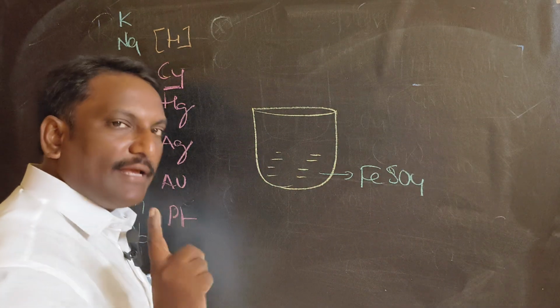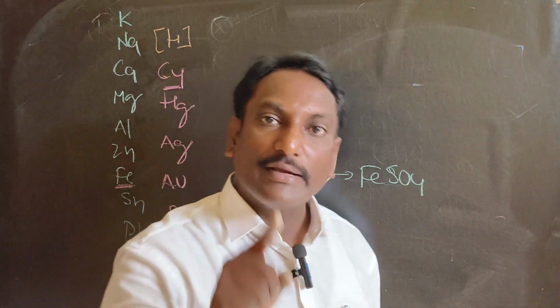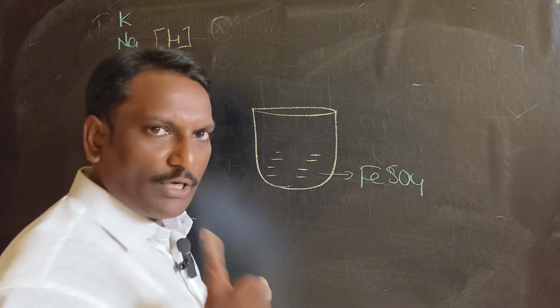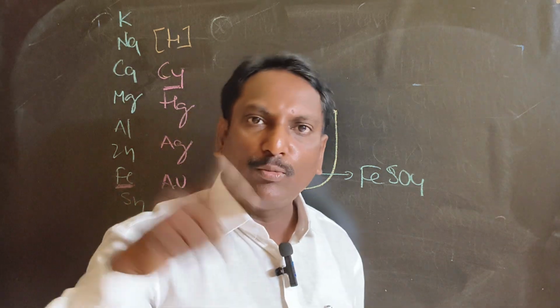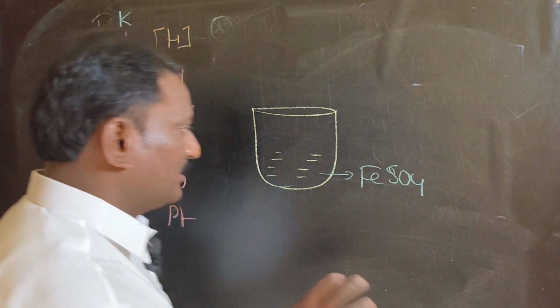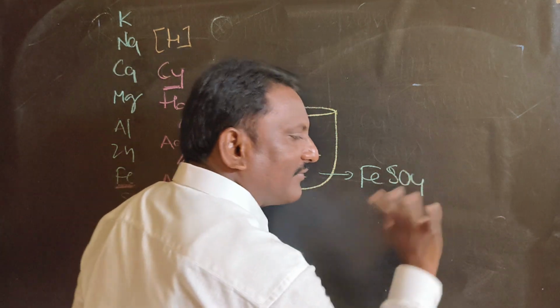FeSO4 dot 7H2O is called green vitriol. Here there is no need to mention the water molecules because they get mixed with the water present in the beaker. So no need to write 7H2O here.